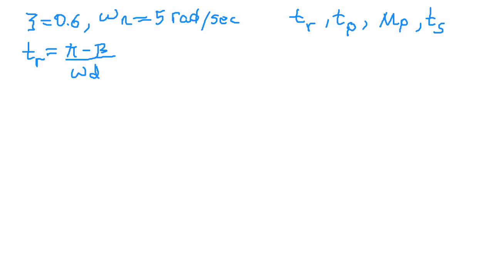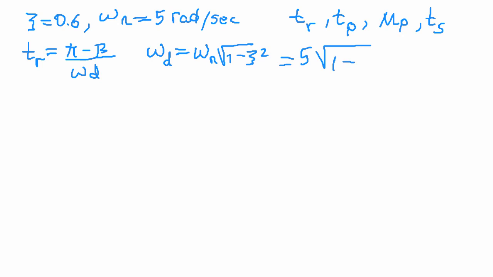What's omega d then? What's beta then? Omega d is equal to omega n times square root of 1 minus zeta square, which is equal to omega n is 5 times square root of 1 minus 0.36, right?